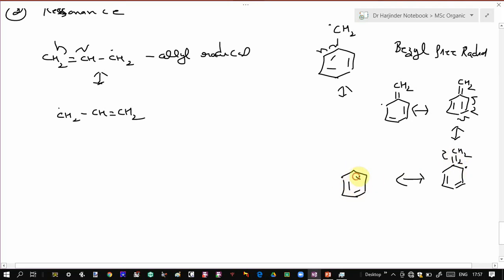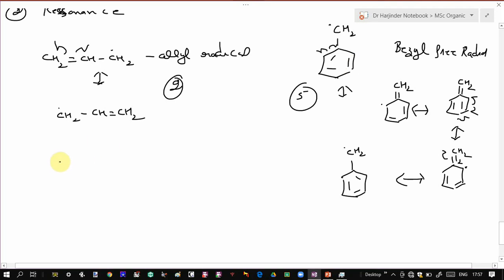So you can see there are a total of 5 resonance structures in the case of the benzyl free radical, and in the allyl free radical there are just 2. So the benzyl free radical is more stable as compared to the allyl free radical. Similarly, the more phenyl rings, the more the stability.